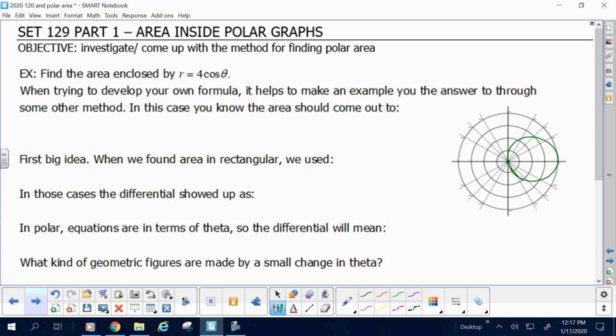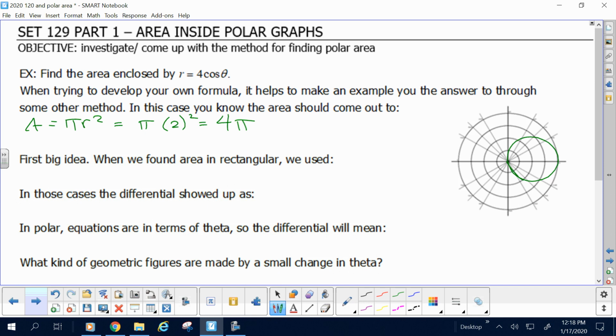I know my answer should be pi r squared, the radius is 2, and therefore I know my answer should be 4 pi, or 12.56-ish, right? All right, cool.